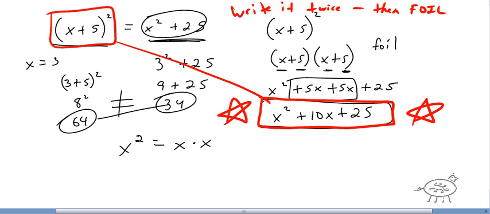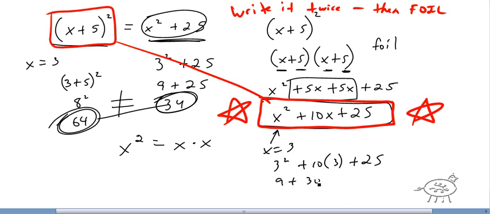Now, just to prove it, I want to show you guys that it actually is the same thing. Remember how we did this little sample and you got 64, and then this one was 34? Well, what happens if I plug that 3 into here now? Let's do that. 3 squared plus 10 times 3 plus 25. So 3 squared is 9 plus 30 plus 25.